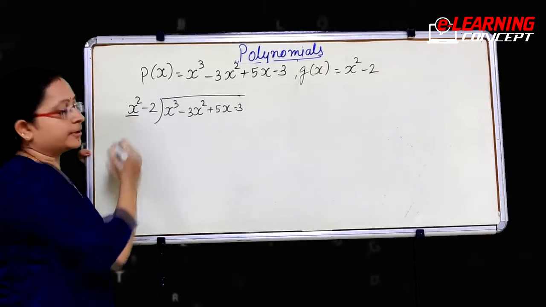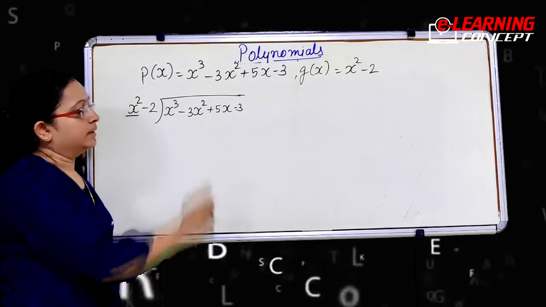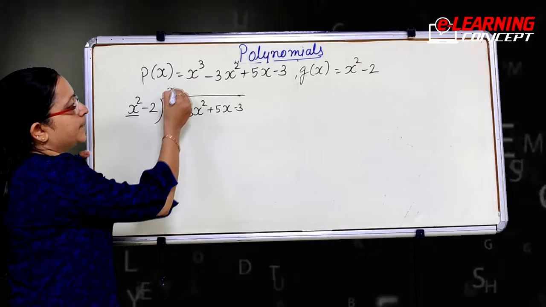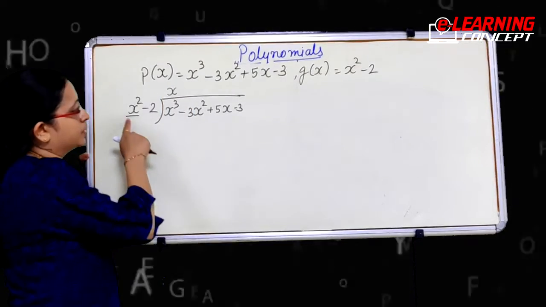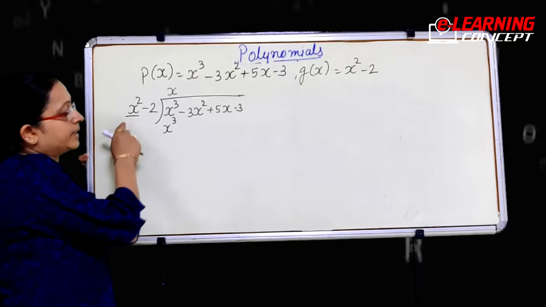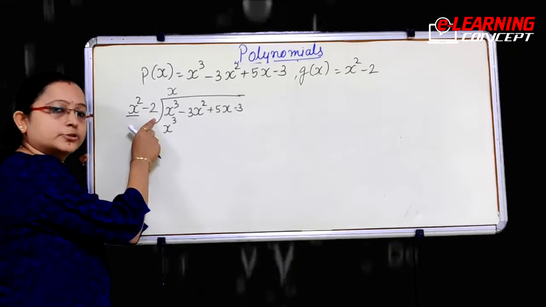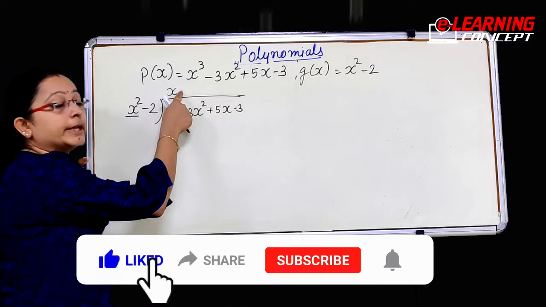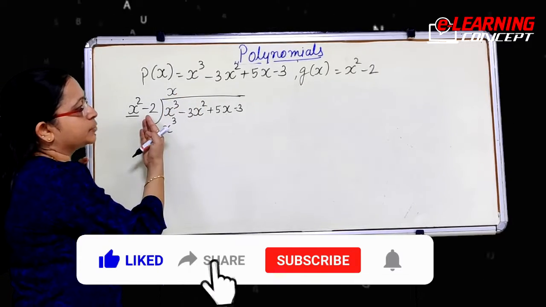We will start from x square to get x cube. So x square should be multiplied by x, and we get x cube. The rest of the terms of the divisor should also be multiplied by the same. So here minus 2 into x, we will get minus 2x.